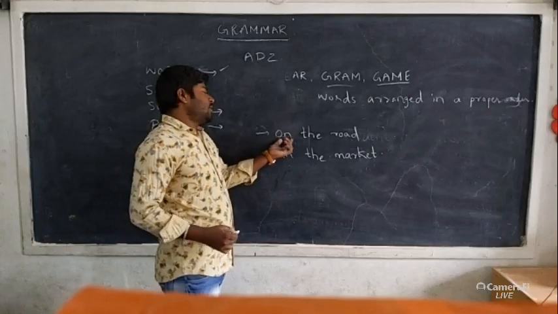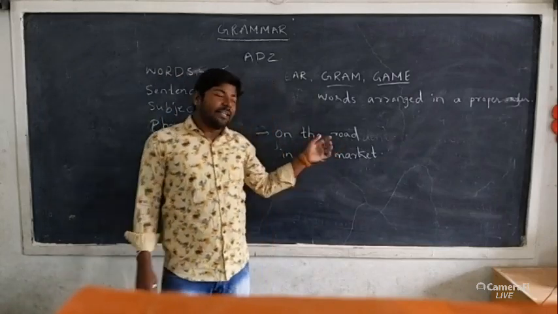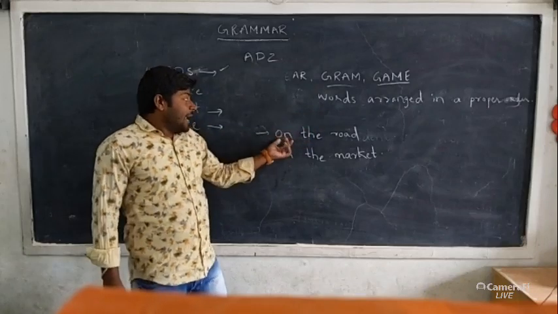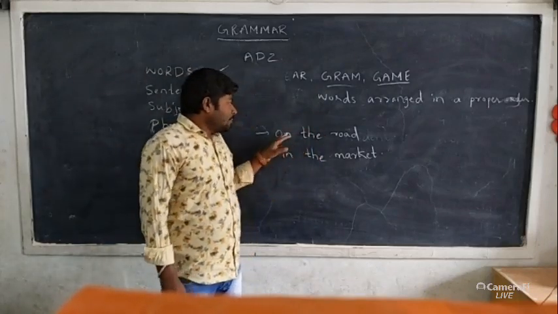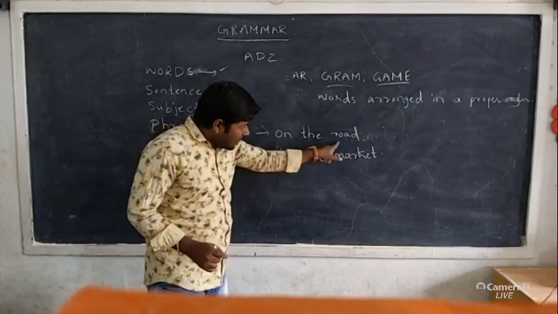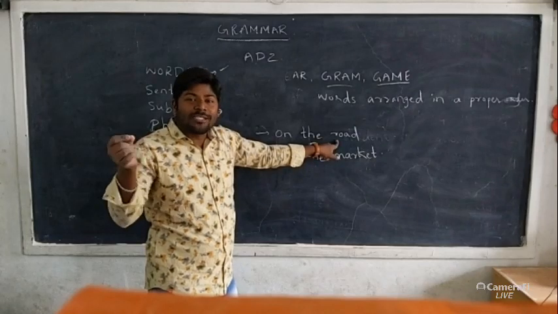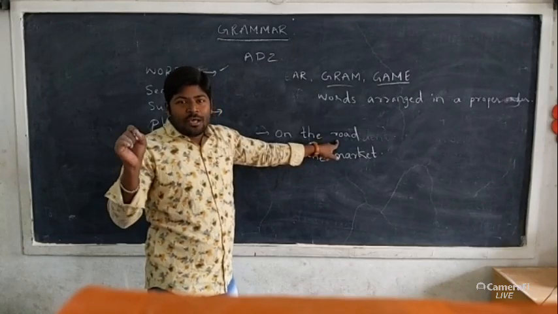On the road, there are three words in a meaningful order, but it is not called a sentence. A group of words arranged in a meaningful order, but it doesn't give a complete meaning is called a phrase.